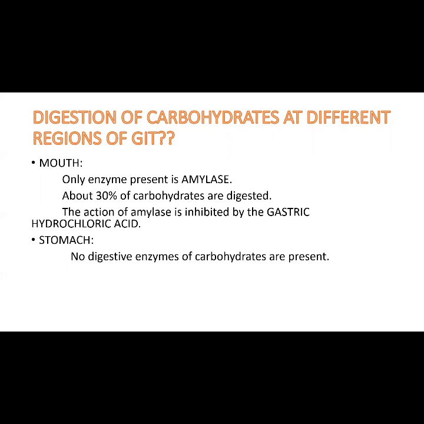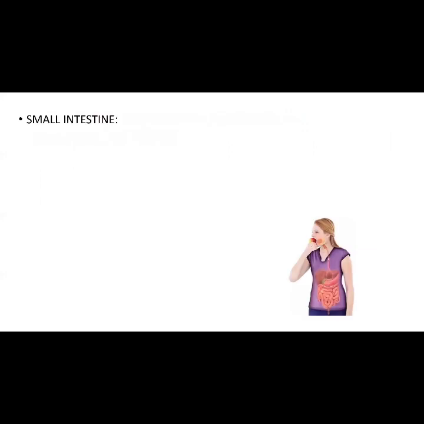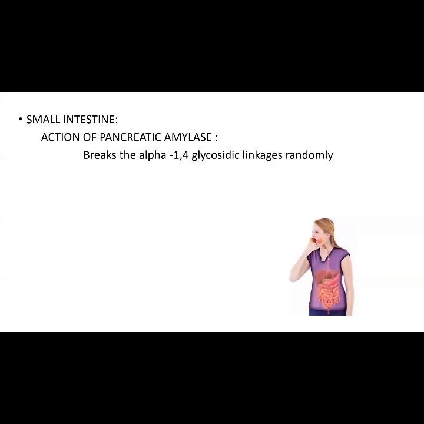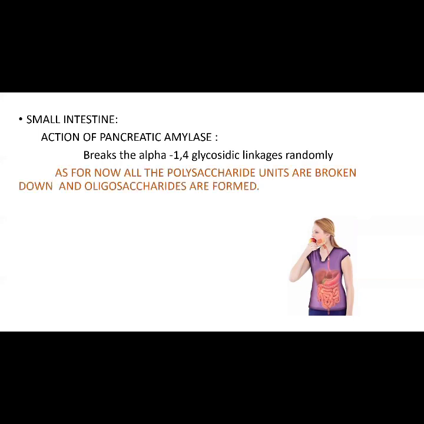Next, food is transported to the intestine. In the intestine, the pancreatic secretion will enter through the major duodenal papilla, and the pancreatic amylase enters. Amylase will act on the carbohydrates, breaking the alpha-1,4 glycosidic linkages, and oligosaccharides will be produced. Now the oligosaccharidases come into play.